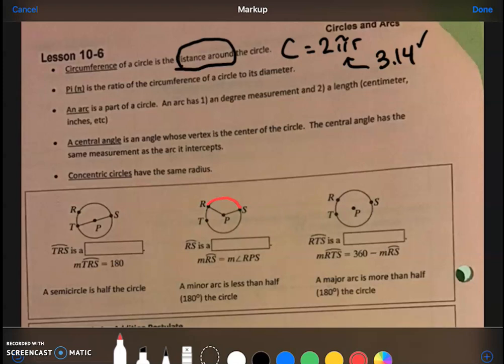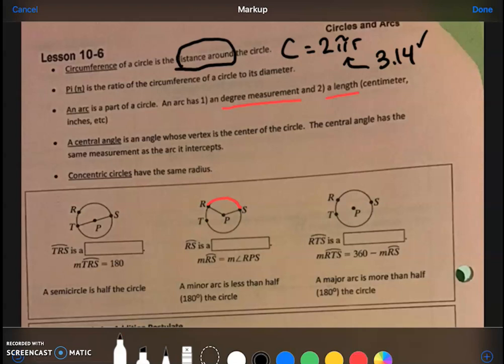An arc has a degree measurement, maybe 80 degrees, 90 degrees, and so forth. And it has a physical length. Like if you took a ruler, I can bend it around this red arc here, and you could figure out how many centimeters it is, how many inches it is. And we're going to calculate the length later today.